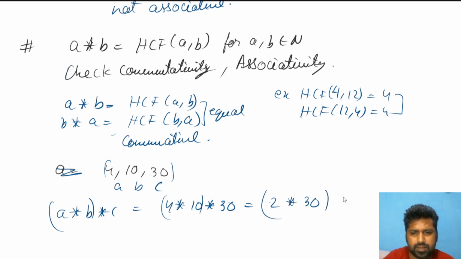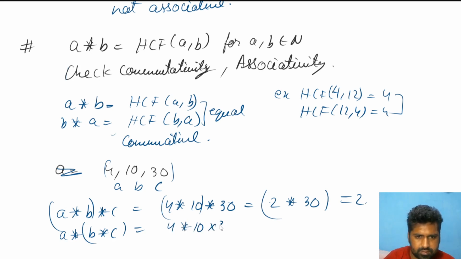HCF of 2 and 30 is 2 itself. And let's do A star B star C with this part first. So 4 star, 10 star 30. HCF of 10 and 30 is 10 itself. So 4 star 10, and HCF of 4 and 10 is 2. So both are again equal.